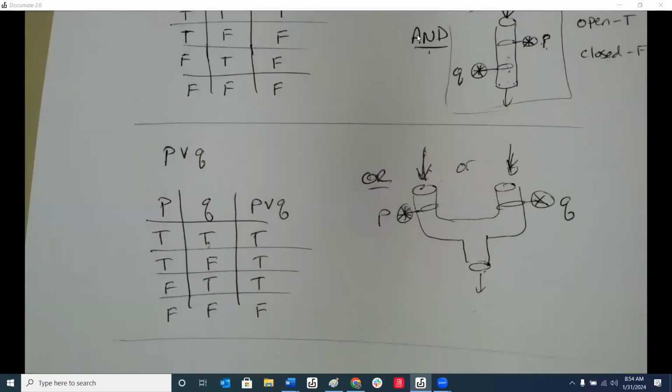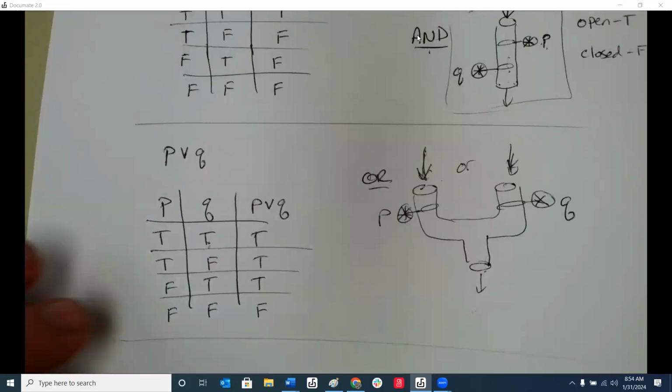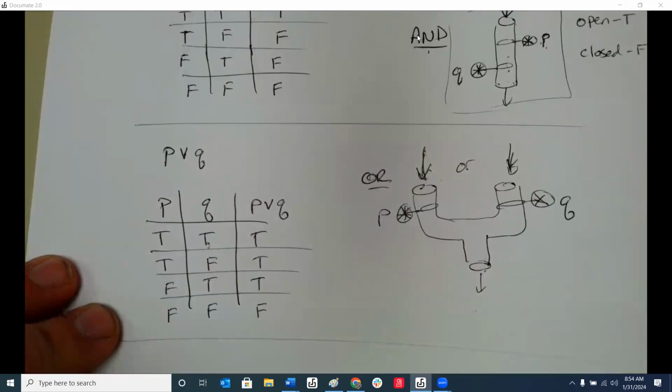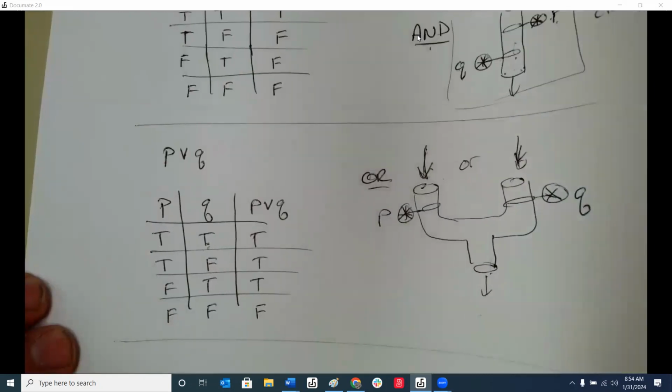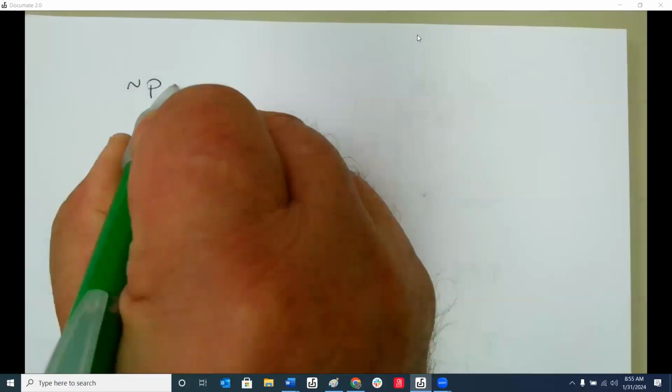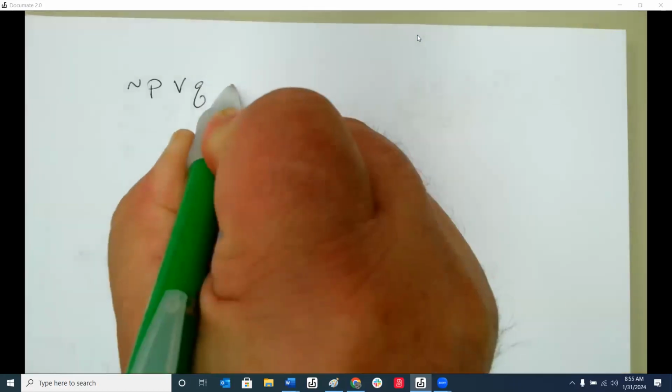Let's look at some combinations of these things with the negation symbols. Do the truth table of this one. Now, the tricky part about this is you have to think through this stuff like you do mathematically.